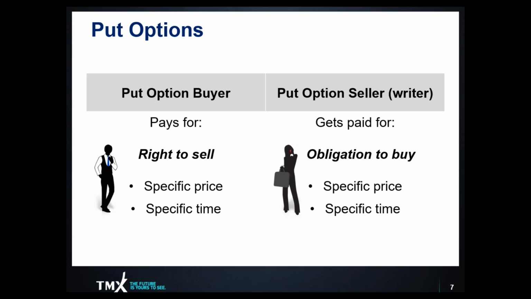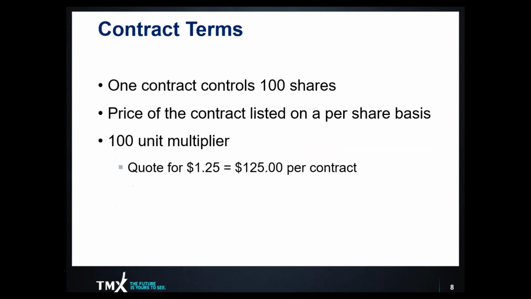The put option buyer pays a premium to the put option seller, otherwise known as the put option writer, and the writer is getting paid to take on an obligation to buy the underlying security at the agreed upon price, and that obligation is valid for a specific period of time.